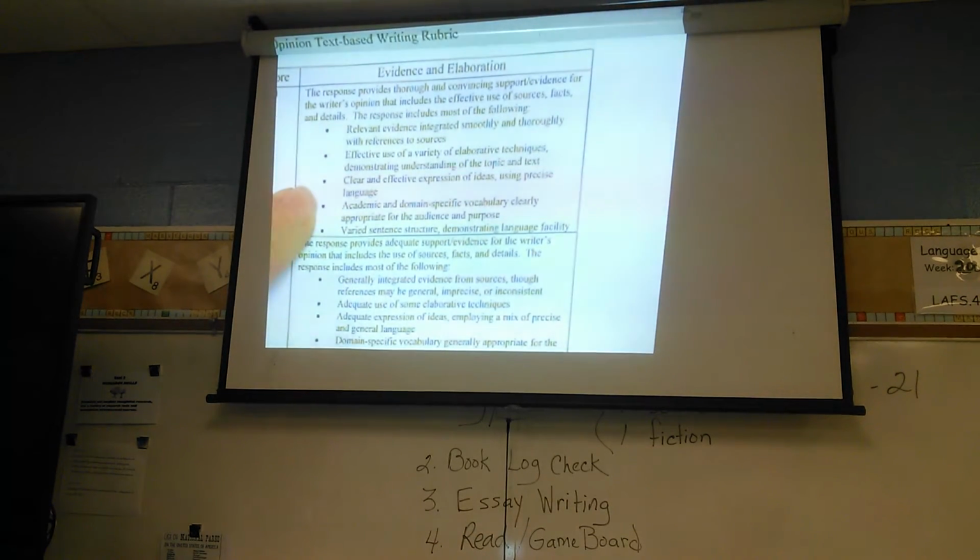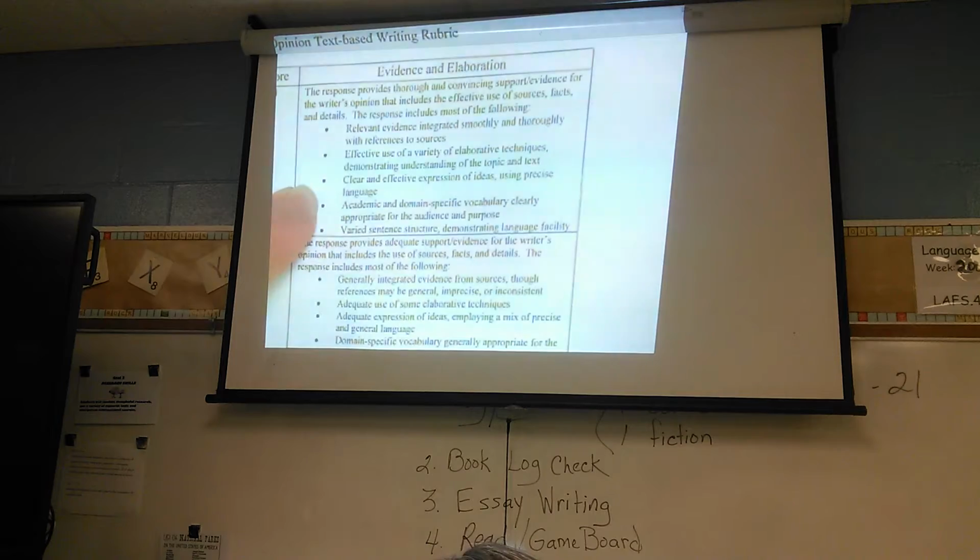It says, clear and effective expression of ideas using precise language. That's that whole thing we worked on before about making sure that we're using the vocabulary. I can't tell you how many people said that's when they taxed stuff. Okay, you've got to be specific. You've got to be accurate in your vocabulary choice.